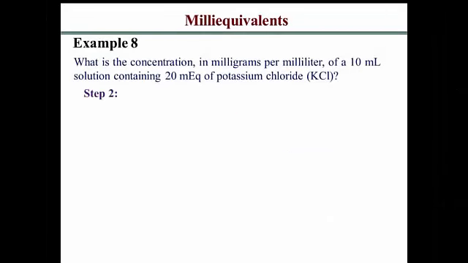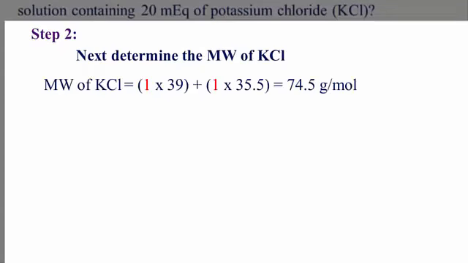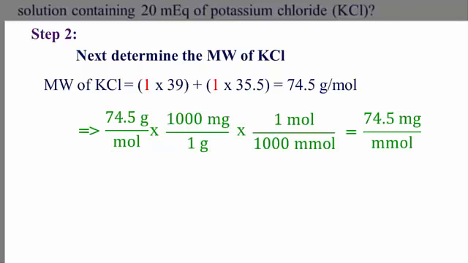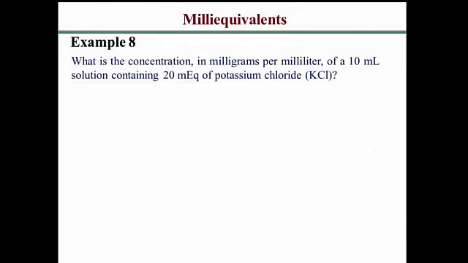The next step is to determine the molecular weight of KCl. KCl is one potassium atom and one chloride atom. So 1 times 39 plus 1 times 35.5 gives you 74.5 grams per mole. And then you need it in compatible units, so that goes to 74.5 milligrams per millimole.